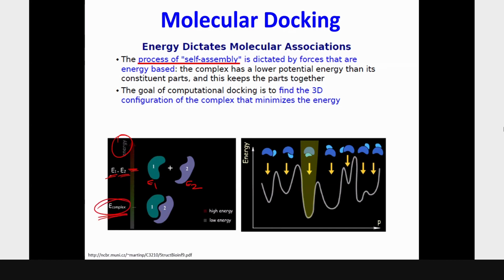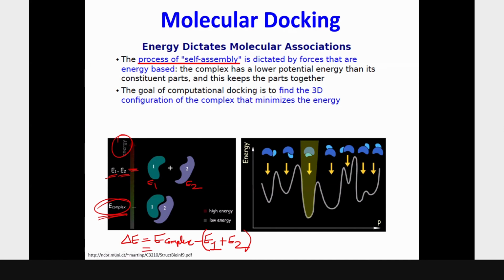Okay, if I talk in terms of delta E, it is the energy of the complex minus energy of 1 minus energy of 2, or the energy of the complex minus the summation of the energies of both components, the protein and the ligand. So what should be the value of delta E if you have to do the docking?